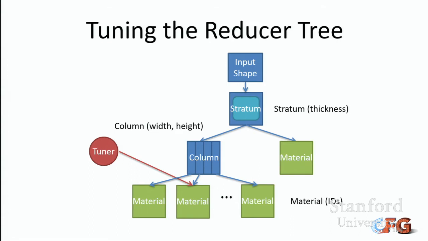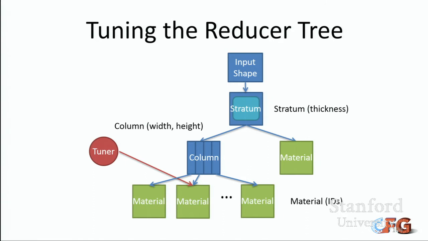Tuners provide an abstraction that encapsulates all of the simulation and optimization process within one building block, and they provide an abstract interface between the nodes within the reducer tree and simulation optimization.